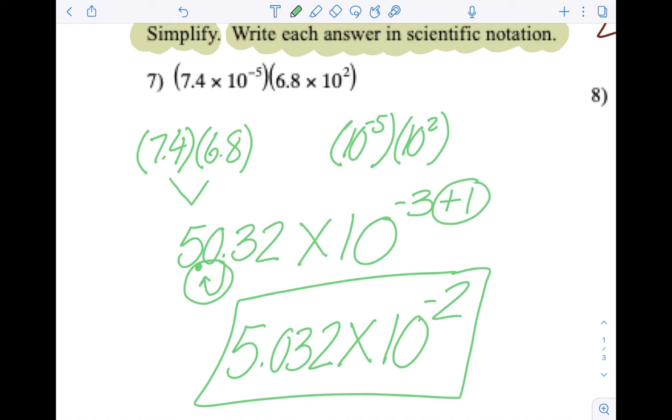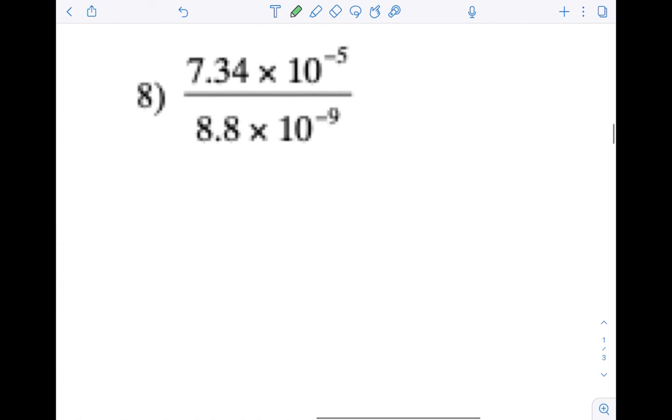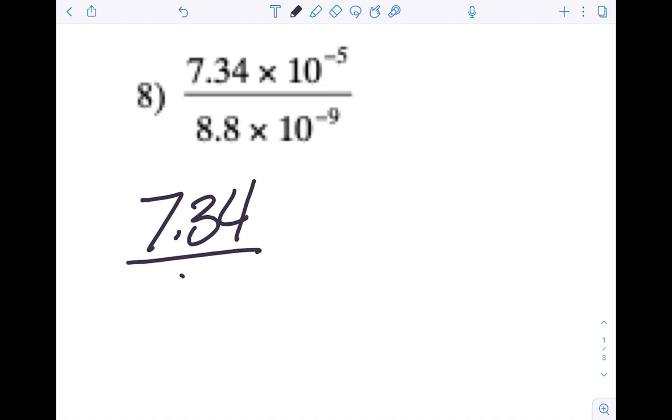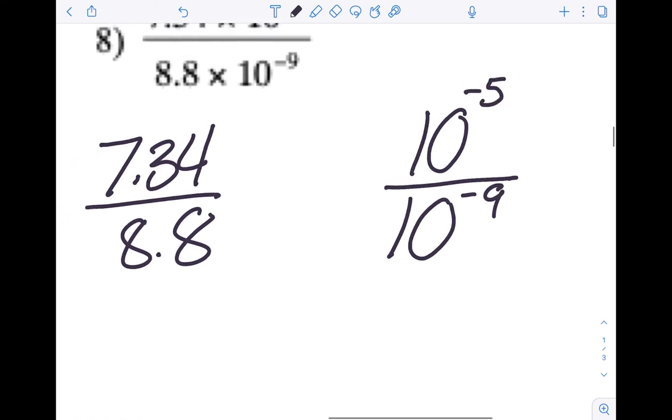Finally, one more problem here that you're going to find on the quiz. So now I'm dividing. I'm going to divide regular number by regular number: 7.34 divided by 8.8. And on the side, I'm going to divide the tens: 10 to the negative 5 divided by 10 to the negative 9.